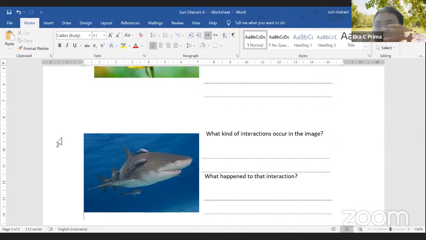If we have a video, investigate it in more detail. How about the shark? There is a parasite on the shark, but I don't know what happened to the smaller fish on the surface of the shark's skin. Yeah, so it depends on how you explain and how you provide a better video to describe the detailed interaction between both animals.